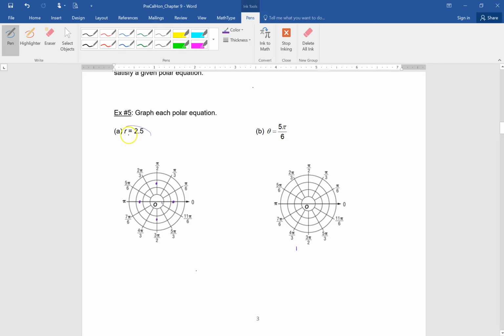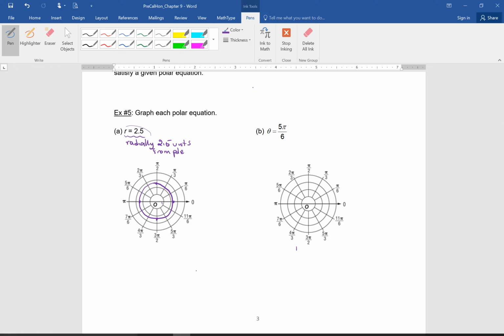So this is the set of all points that is radially 2.5 units away from the pole. So that gets you a cute little circle. Okay? No, it's not. It's tough on the screen.